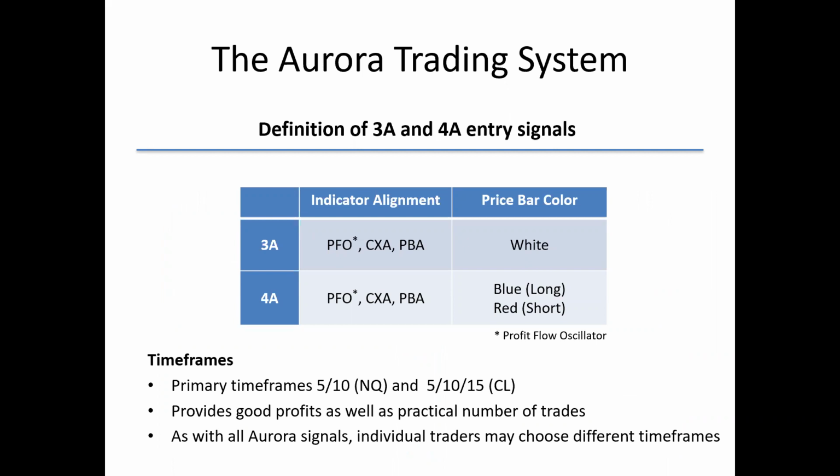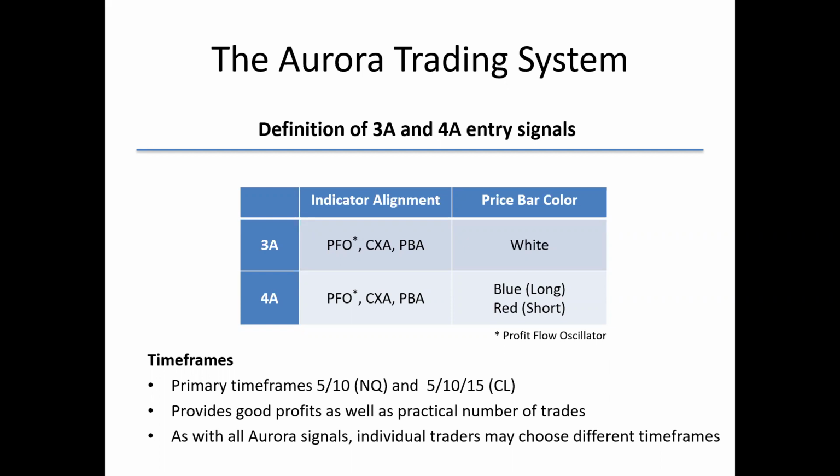So, the definition of a 3A and 4A entry signal. I'm going to explain this first, and then I'm going to go to a chart and give you a visual. A 3A is combining PFO, which is the profit flow oscillator. Now, the profit flow oscillator has been part of our system since we originally created the adaptive entry system.